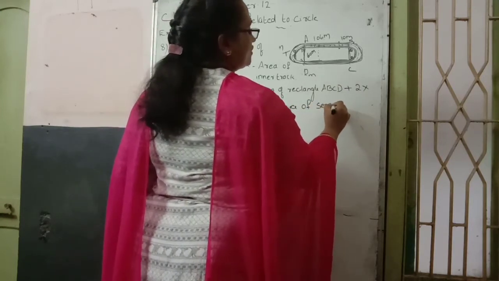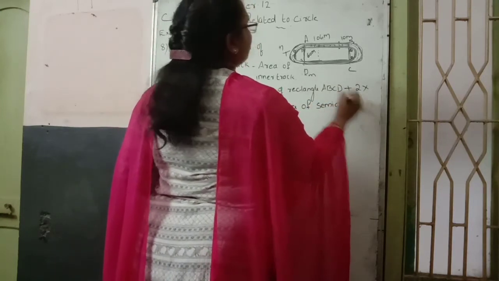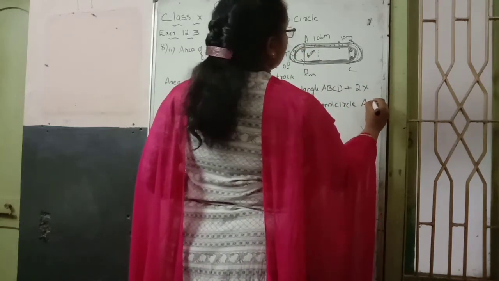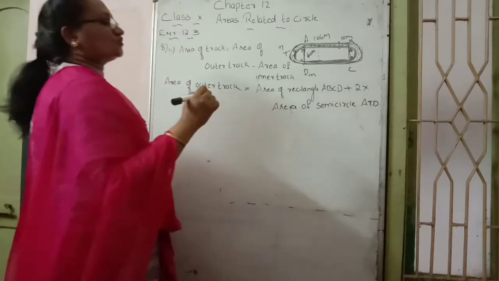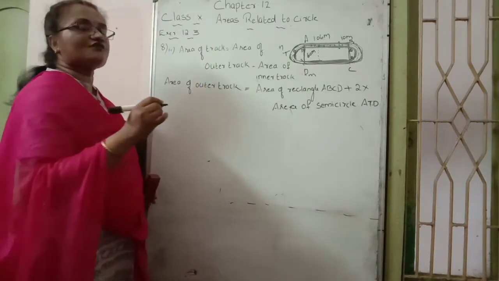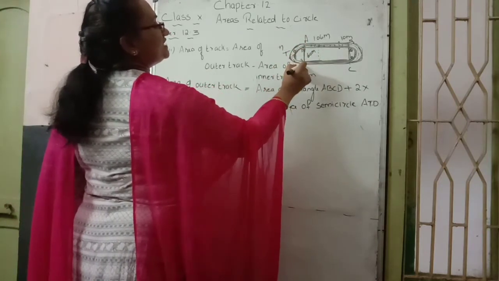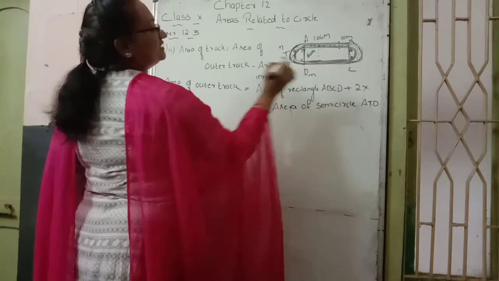What name do we give the outer part? ATD semicircle. 2 times the area of a semicircle.